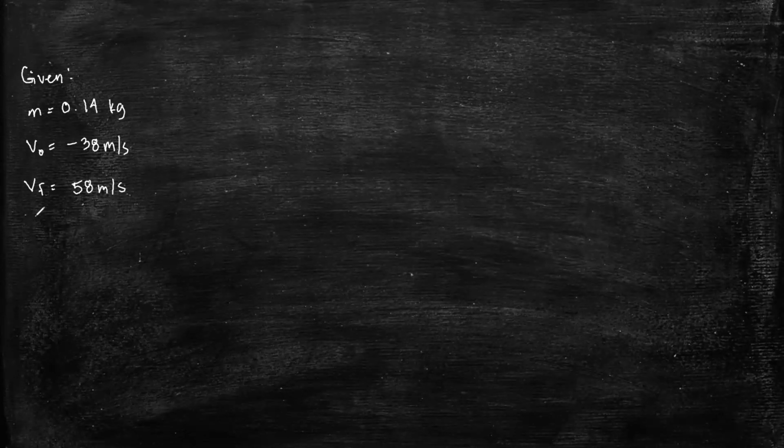And also at part B, we have a given time interval of 1.6 times 10 raised to negative 3 seconds. So what are we going to look for? We're going to look for the impulse and the average force or the net force.